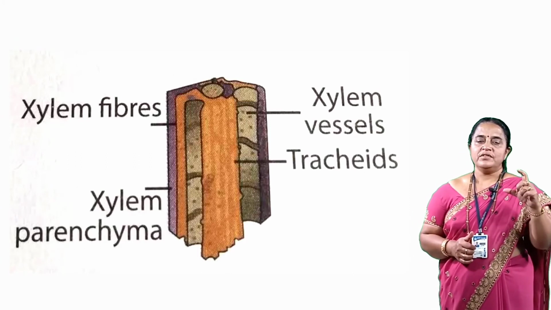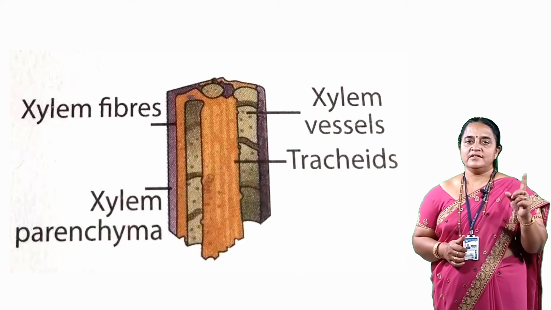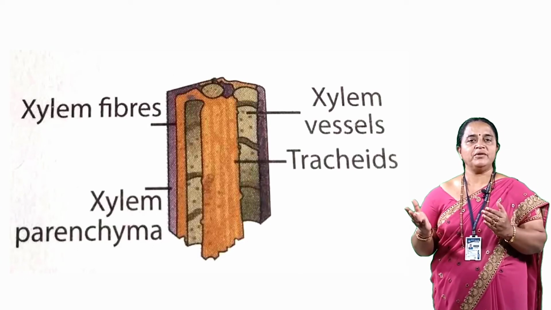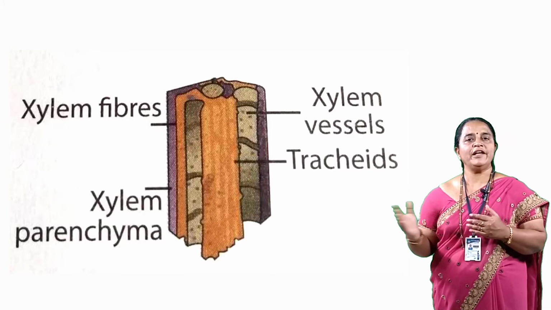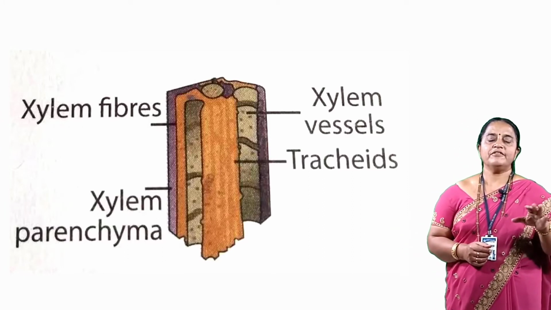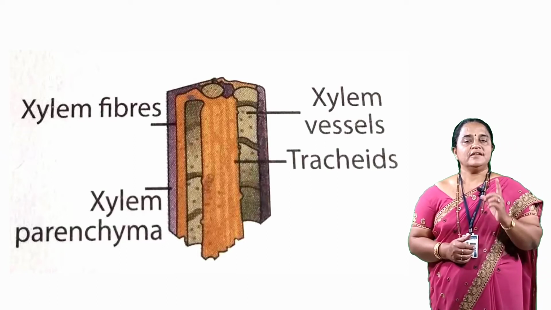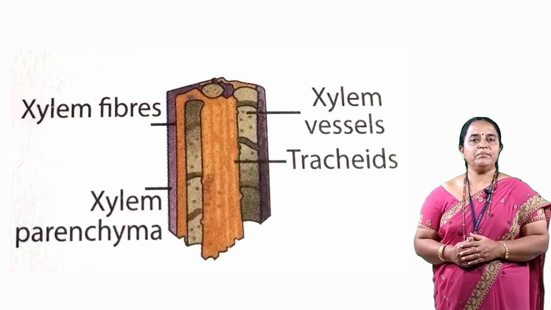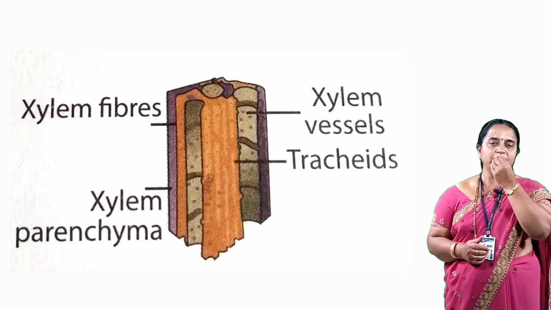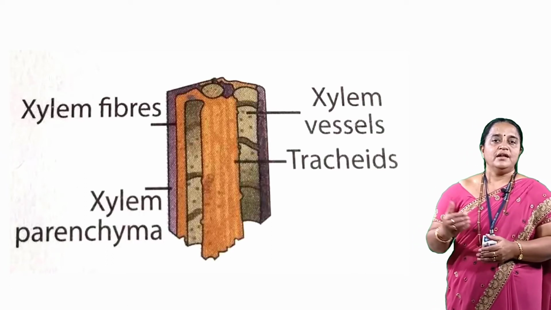So in total we have seen three components. Tracheary elements include tracheids and trachea. Trachea are found in higher gymnosperms and all angiosperms. Tracheids are found in lower plants like pteridophytes and most of the gymnosperms. Surrounded by living tissue, xylem parenchyma, mechanically supported by xylem fibers.